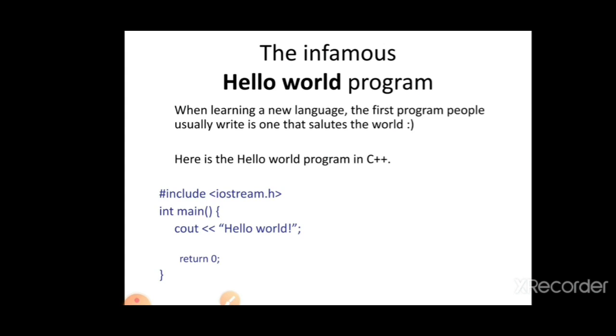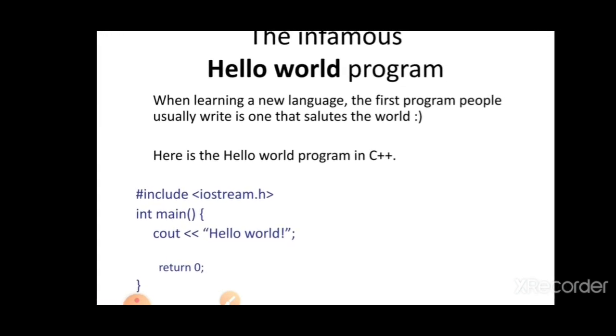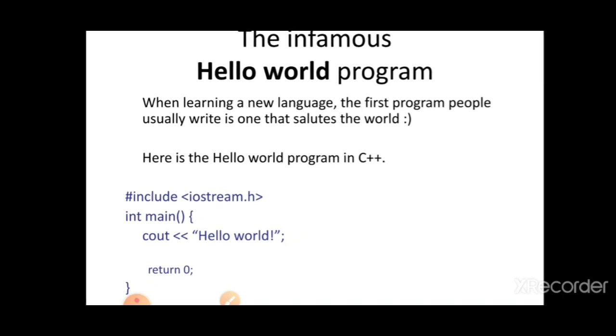So I will explain this program again. A C++ program starts with the header file, the main statement, the logical part of the program, and the end of the program. So this is the simple program. I want to display the text hello world. So how to read these statements in C++?